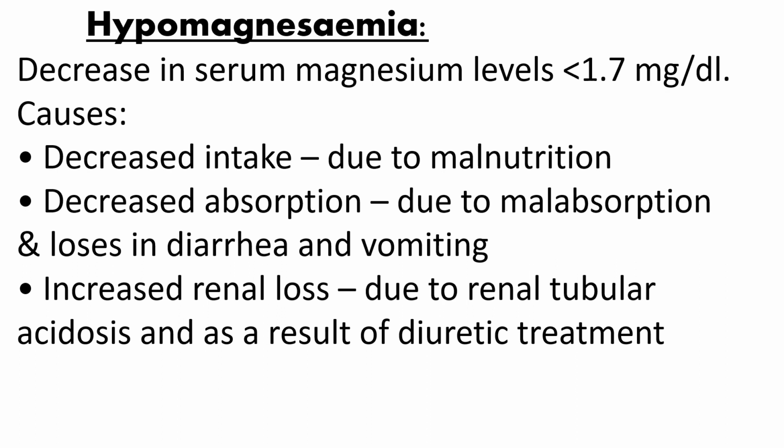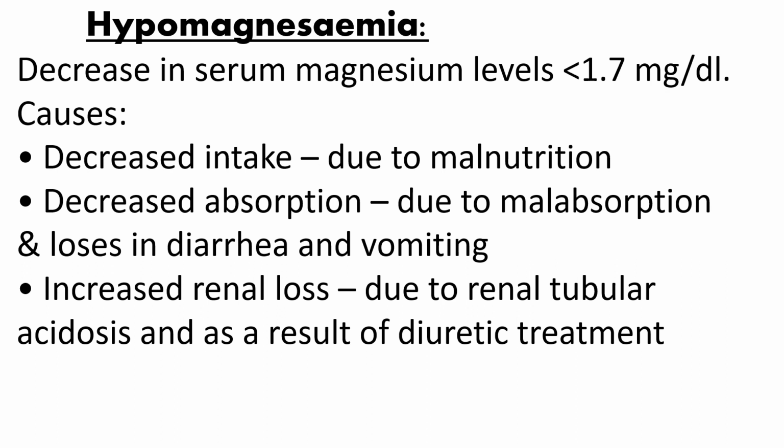And in one slide I told you the normal levels are from 1.7 to 3 milligrams per deciliter. So if the serum magnesium level is less than 1.7 milligram, we will label that individual as suffering from hypomagnesemia.